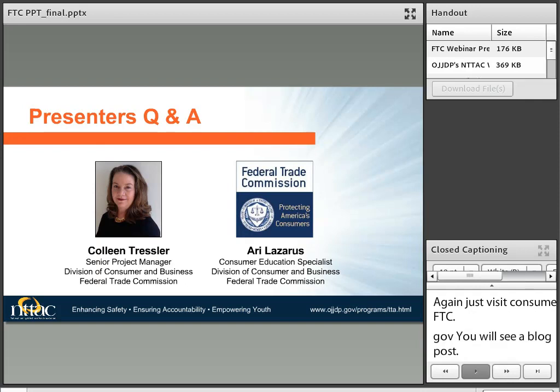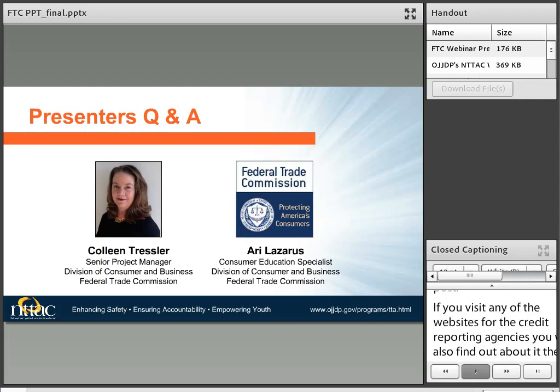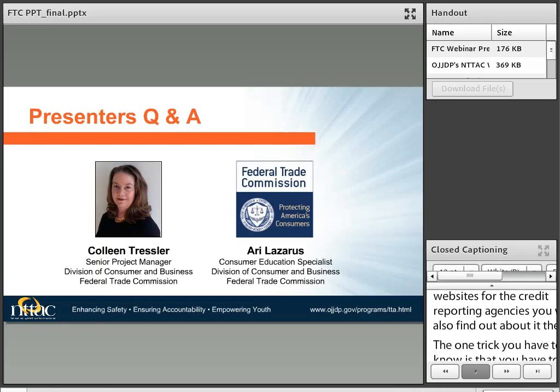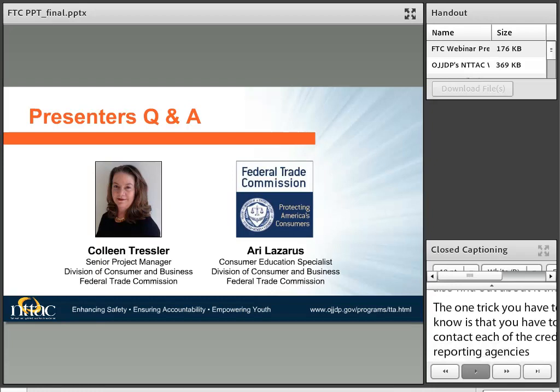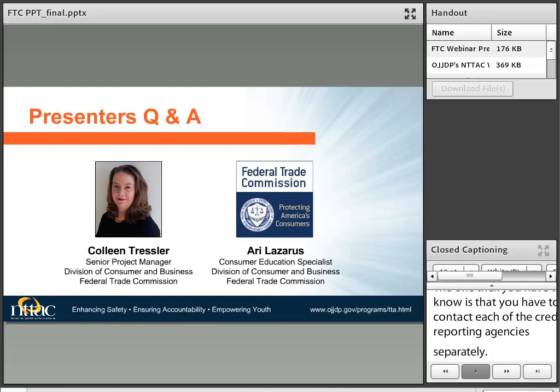The one trick you have to know is that you have to contact each of the credit reporting agencies separately. We'll have on our website tomorrow the links that you can use to contact the credit reporting agencies and get a freeze in place. It's a quick and easy process, and it's something that you'll want to consider.